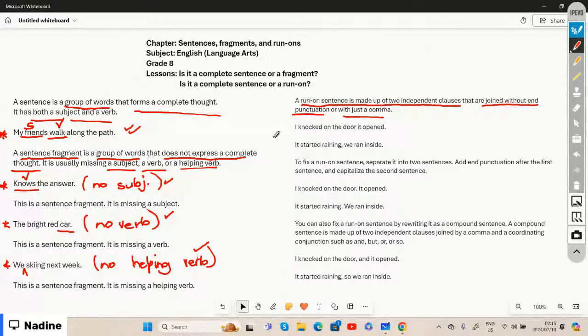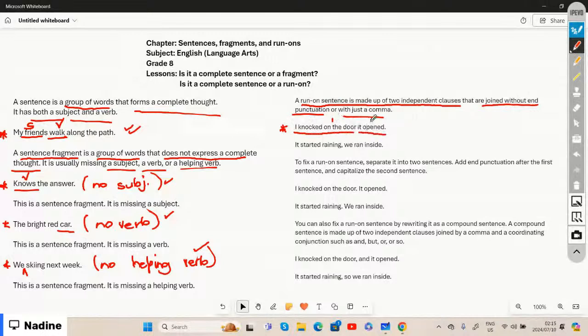And here we have an example. This is an example of a sentence that is joined without end punctuation. It says, I knocked on the door, it opened. As you can see, that is basically two independent clauses.